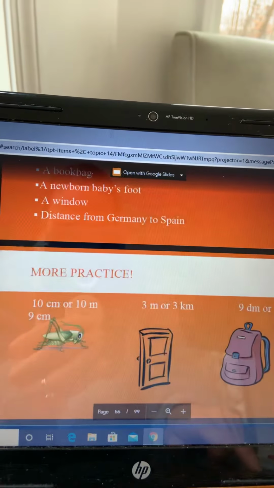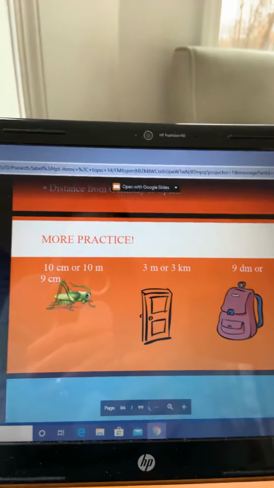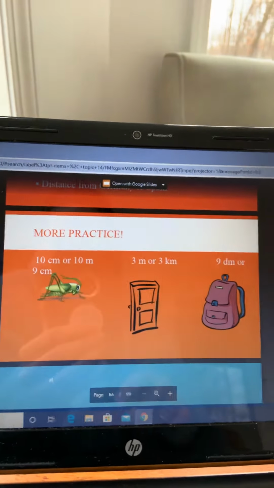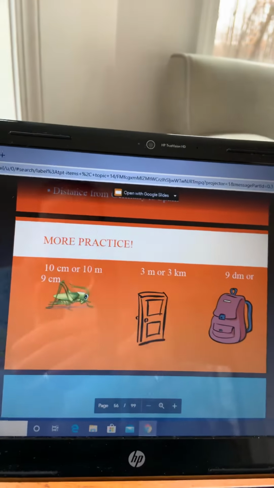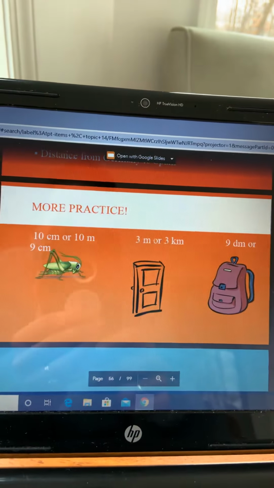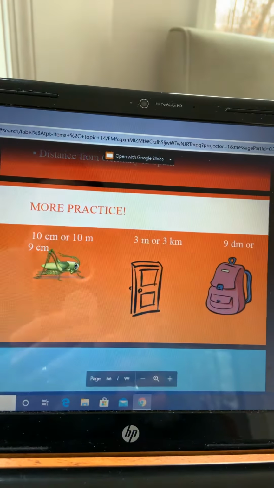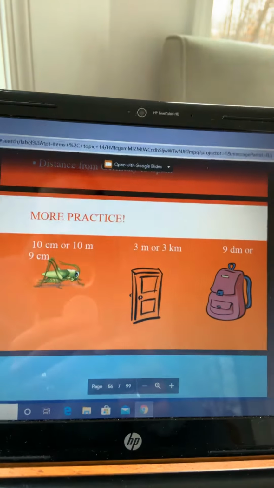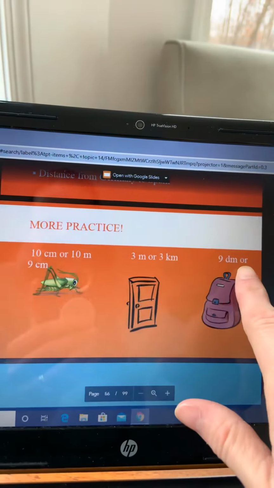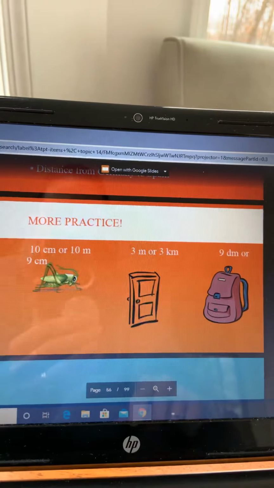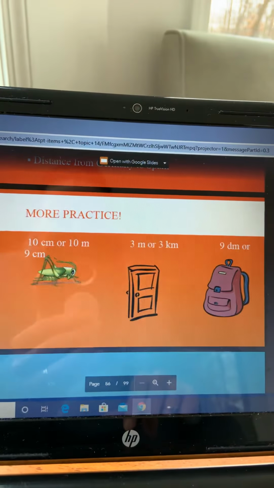So here's some good ones you guys can see visually since we're just on the video. You've got a grasshopper right here. 10 centimeters or 10 millimeters. Oh, this 9 goes over here to this, so ignore that. So a grasshopper would be 10 centimeters.